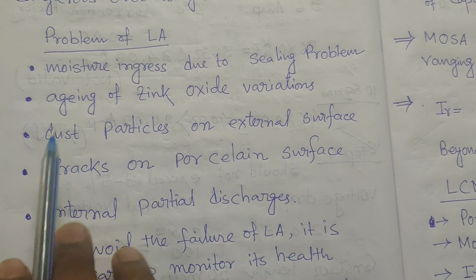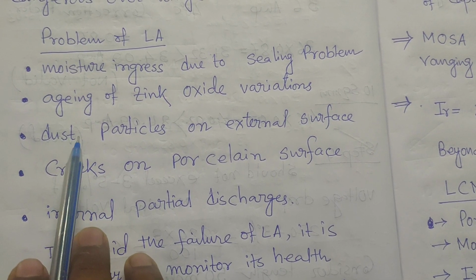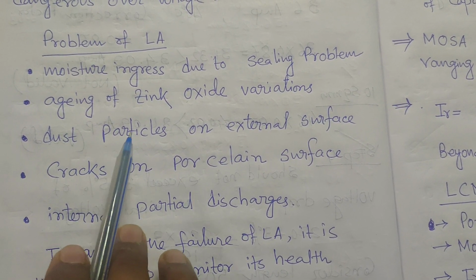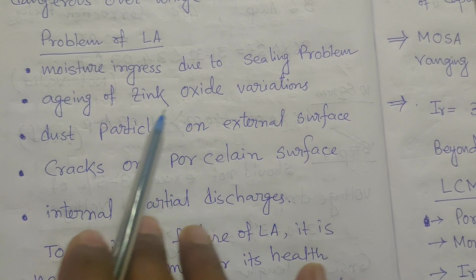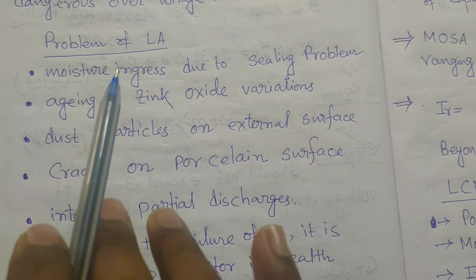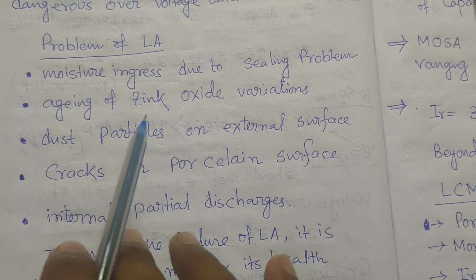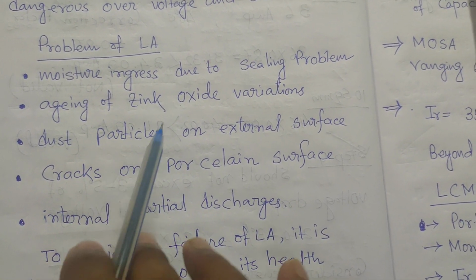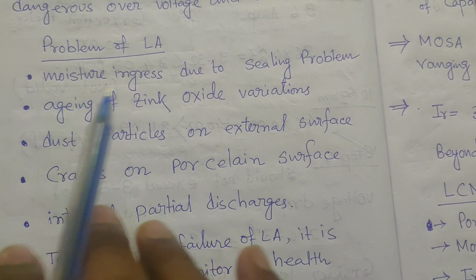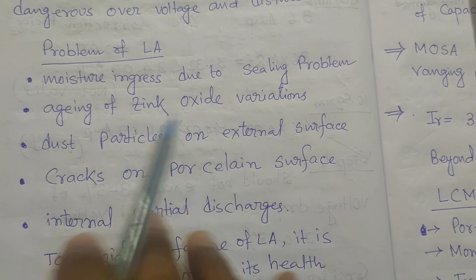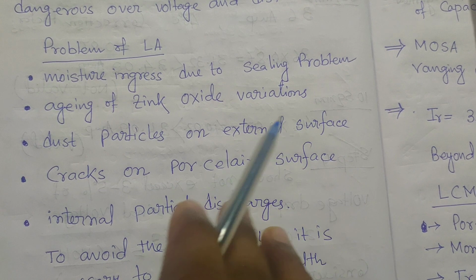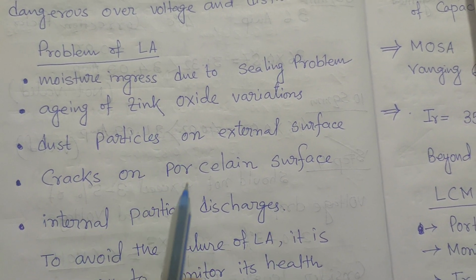That means in a heavily polluted area, dust particles are deposited on the porcelain part of the LA, and that will decrease the insulation resistance or IR value. So it will reach the breakdown voltage and the puncture voltage, then that material will explode or be damaged.